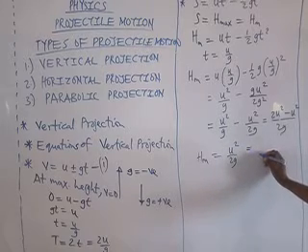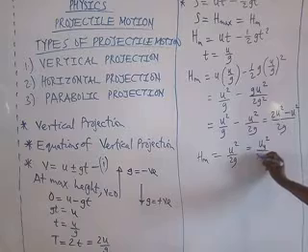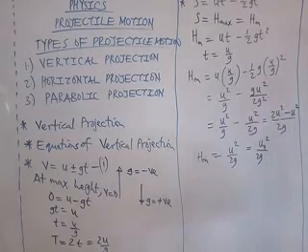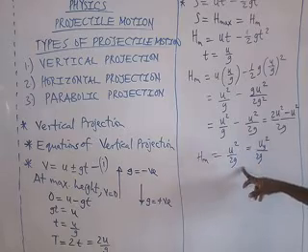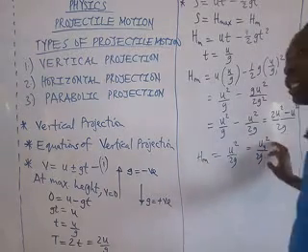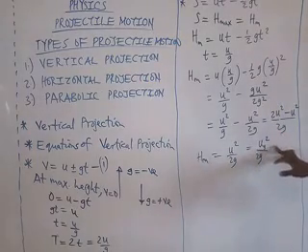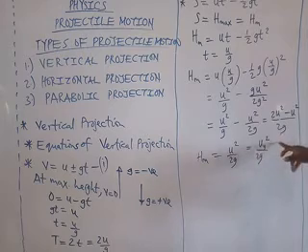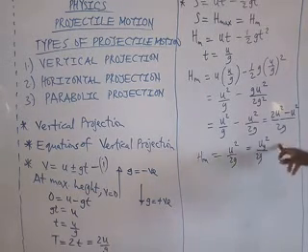Most times I prefer to specify that y so that you can take note of that. Most times we just put it as u square over 2g, but make sure you have it as uy square. It's just to define the type of projection we are dealing with here, and that is our uy.